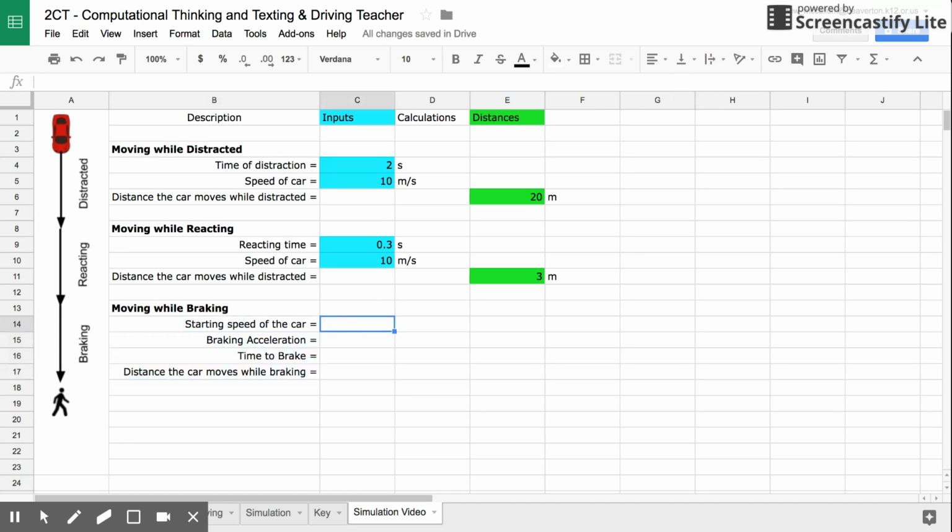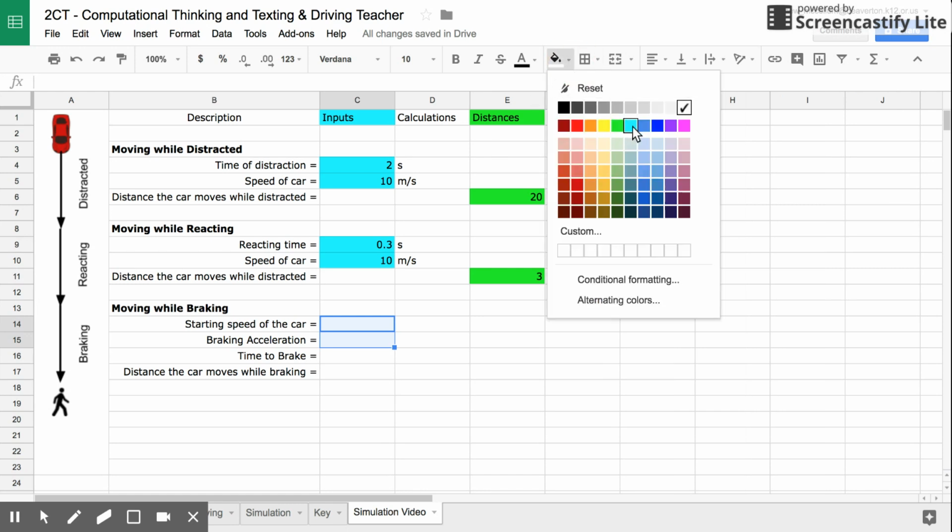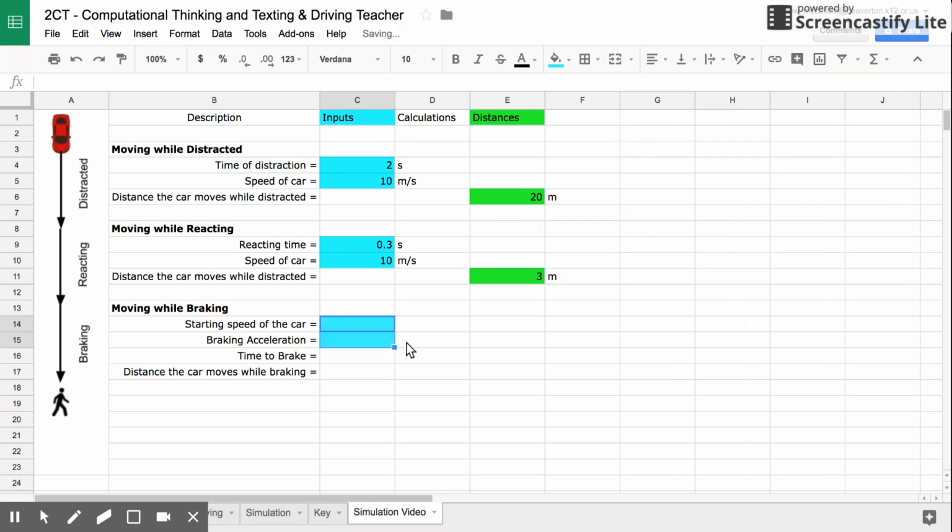So the starting speed of the car and braking acceleration, those are inputs. So I'm going to click on the input tab, and we can say this was our meters per second, and this one was meters per second per second.